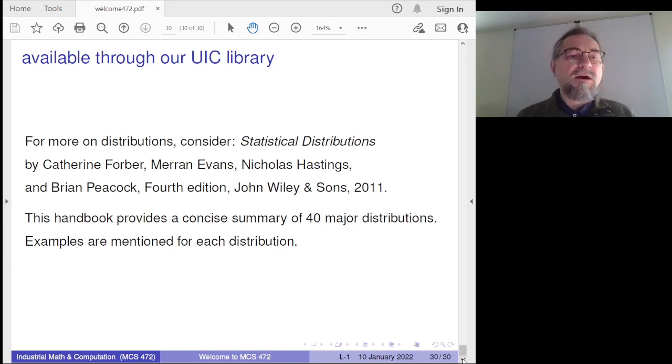Bad sign. I will list my sources. So I mentioned for the discrete uniform distribution that I had to look something up. The UIC library provides a lot of online resources. This could be a resource that could be useful for later projects. We give 4 major distributions, but actually there are 40.